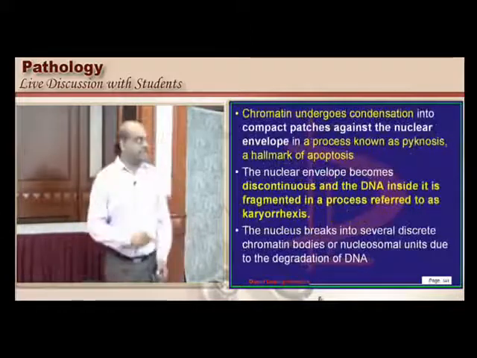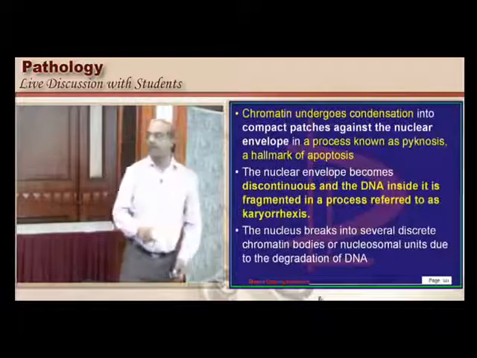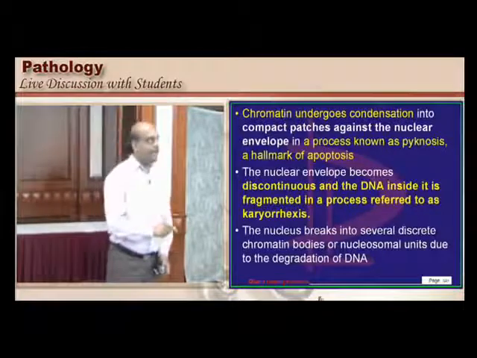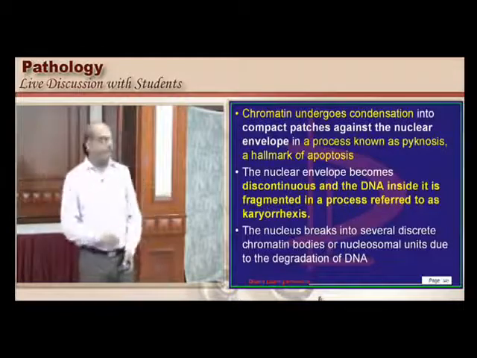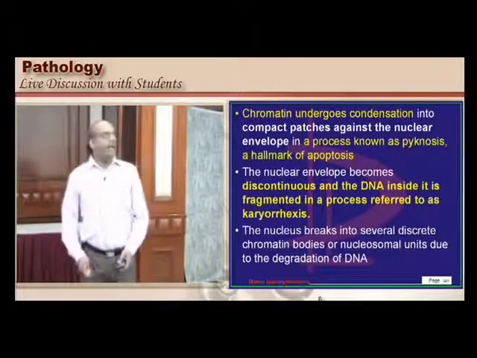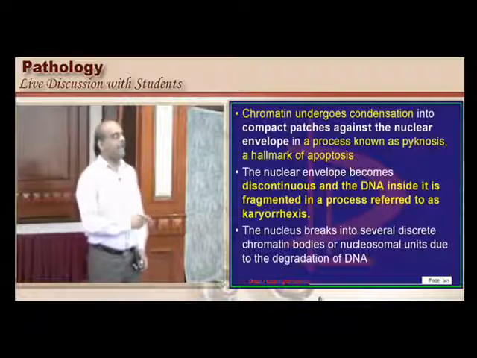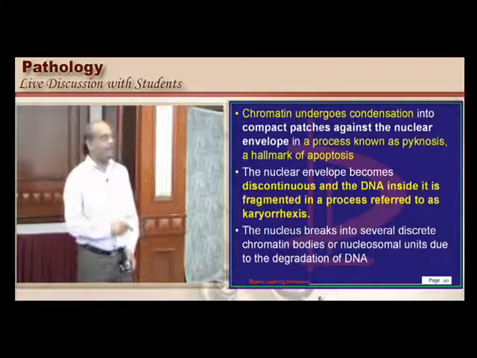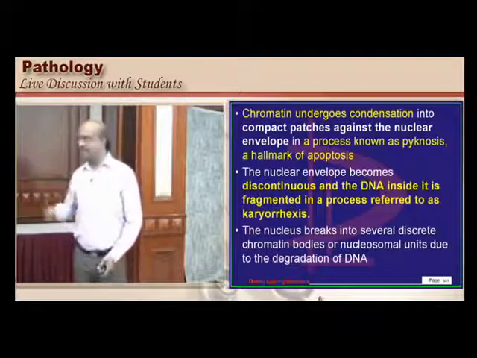Now one of the steps in the process of apoptosis is that the nuclear envelope becomes discontinuous and the DNA inside becomes fragmented, and this process is called karyorrhexis. Karyorrhexis is because of the endonuclease activity, which cleaves the DNA into short fragments that are regularly spaced in size.